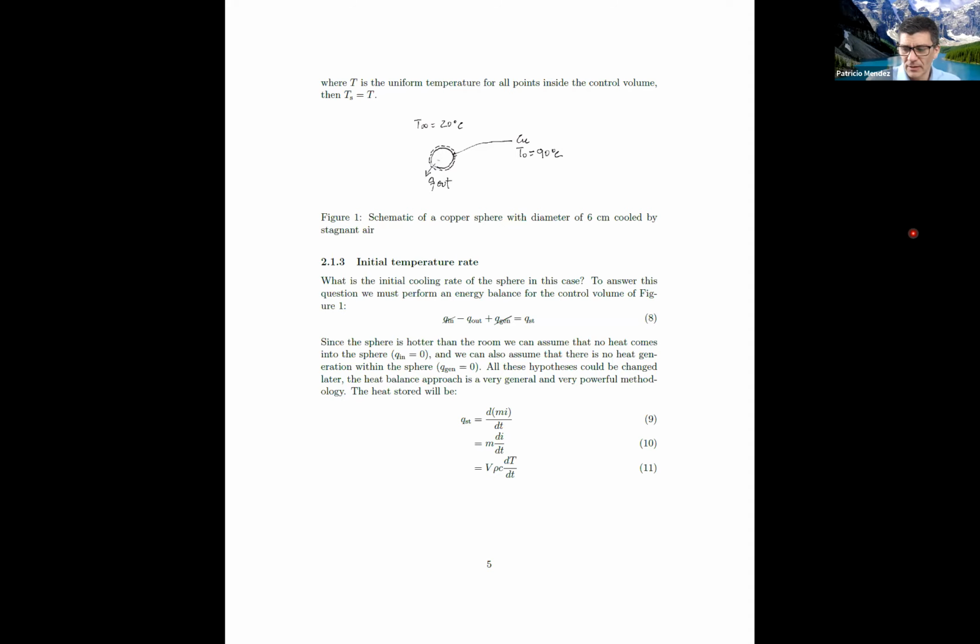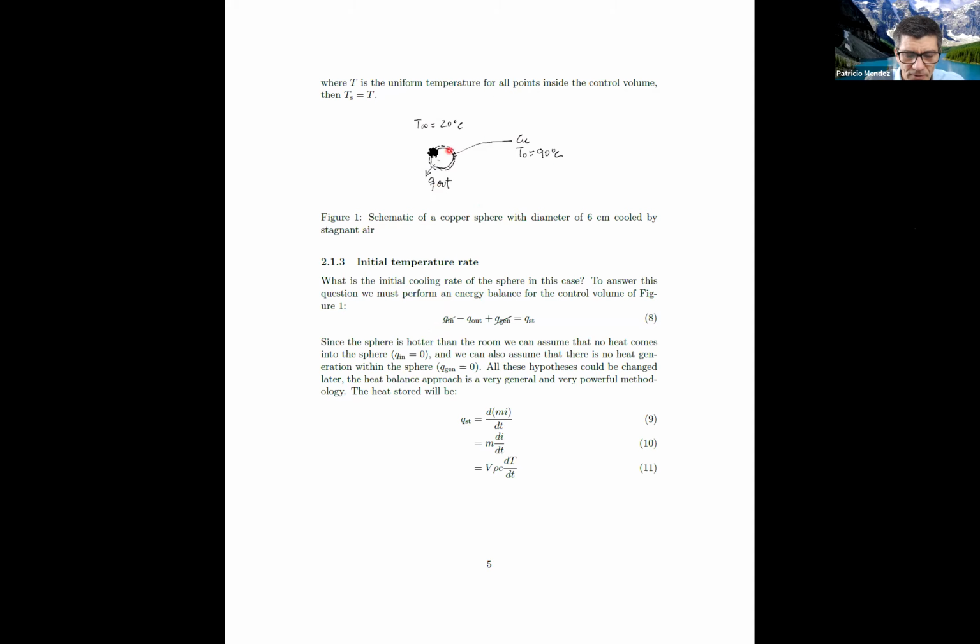So for this, we need to do an energy balance, because we know the energy that is being lost, but we need to see how it translates into degrees, that is energy stored, the Q stored. So in our energy balance, we have to make first our control volume, which we have here.